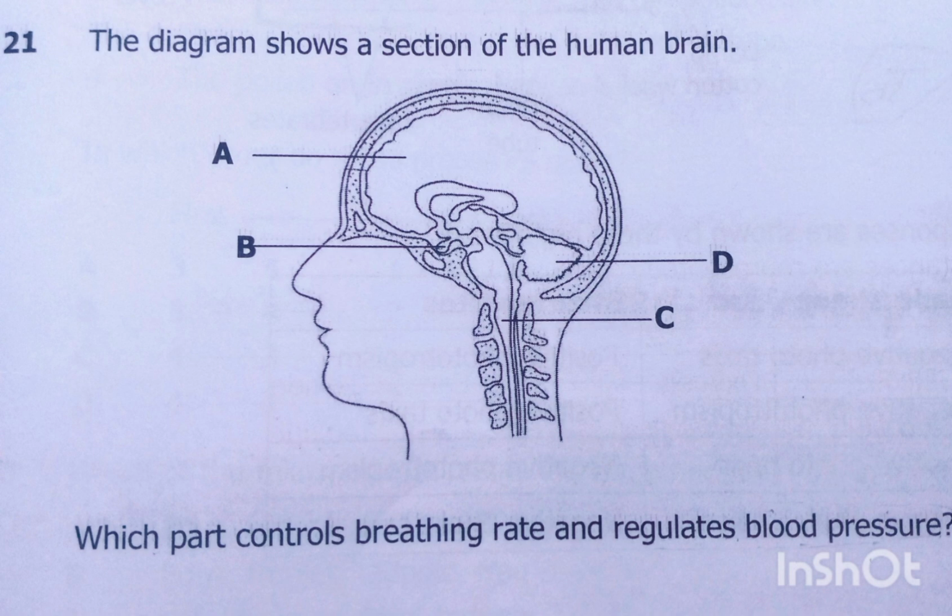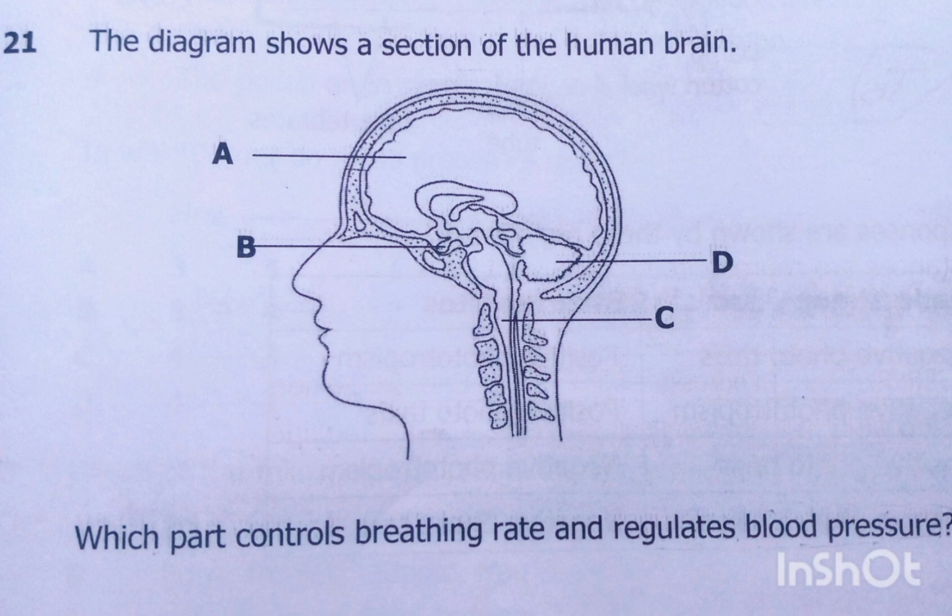hormones such as the antidiuretic hormone, luteinizing hormone, growth hormone, and adrenocorticotropic hormone. So the pituitary gland, which is B, has two major functions.